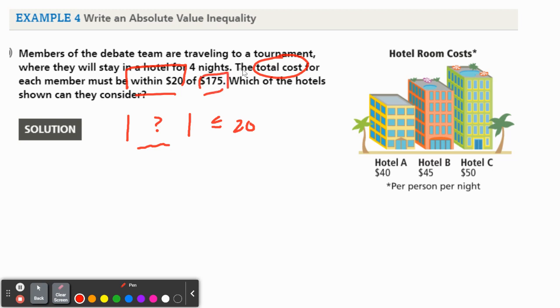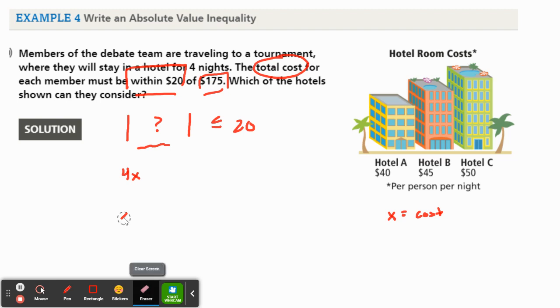Okay. So here we go. Inside here, first of all, we're going to let X be the cost per night of a hotel room. So X is the cost per night. Now we're going to take the 4, because there are 4 nights being stayed.